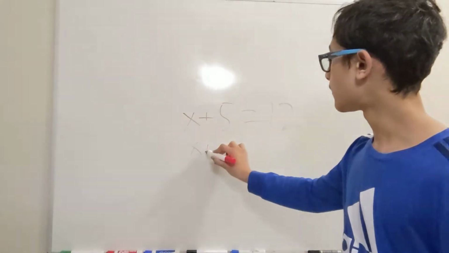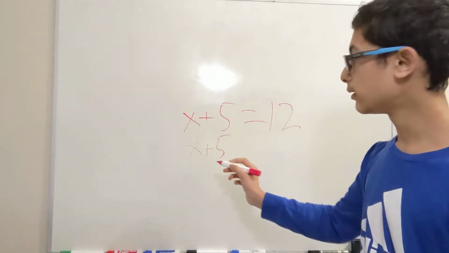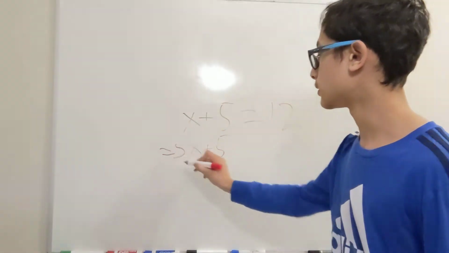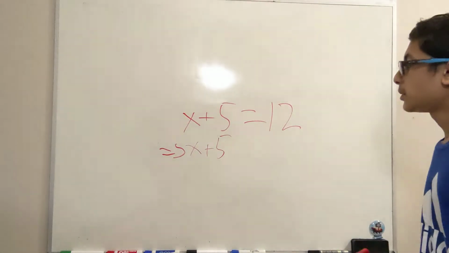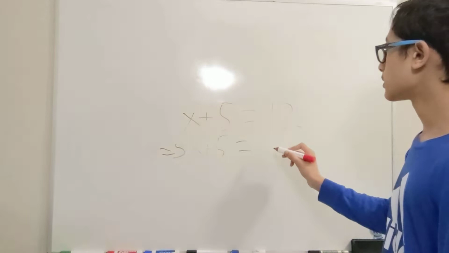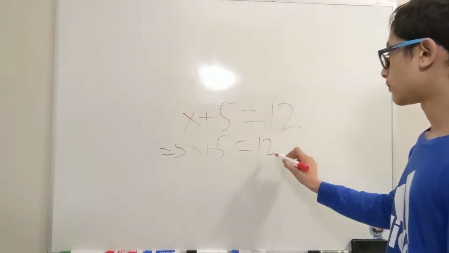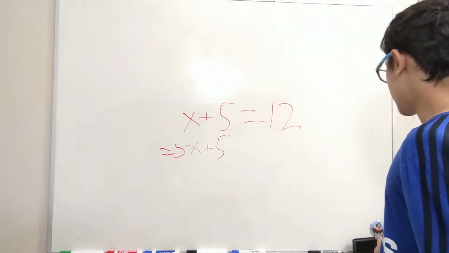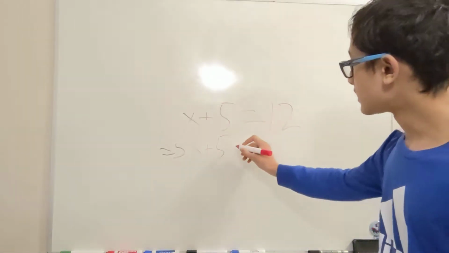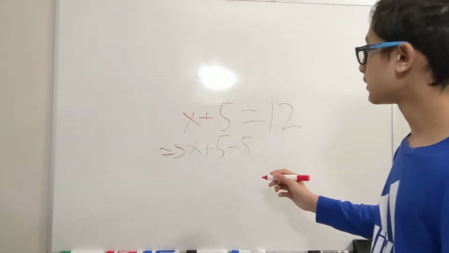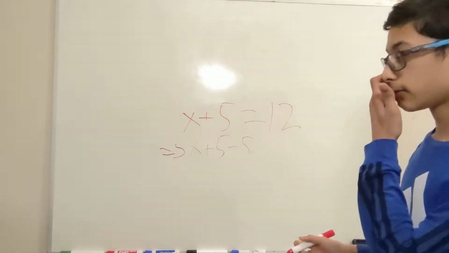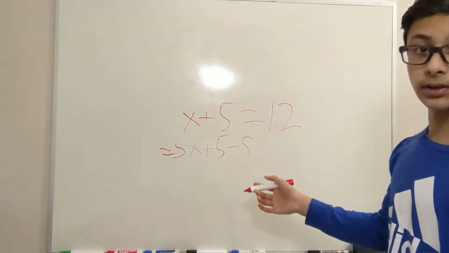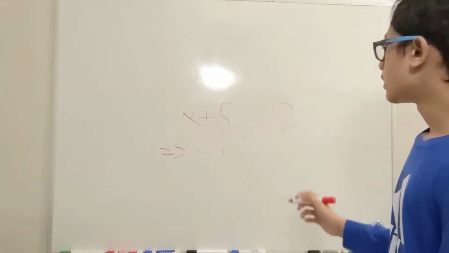Writing down what we had already, and our implies sign, don't forget those. So x plus 5 minus 5, because that will get rid of our plus 5. 5 minus 5 is 0, so that's how we know it's getting rid of it.